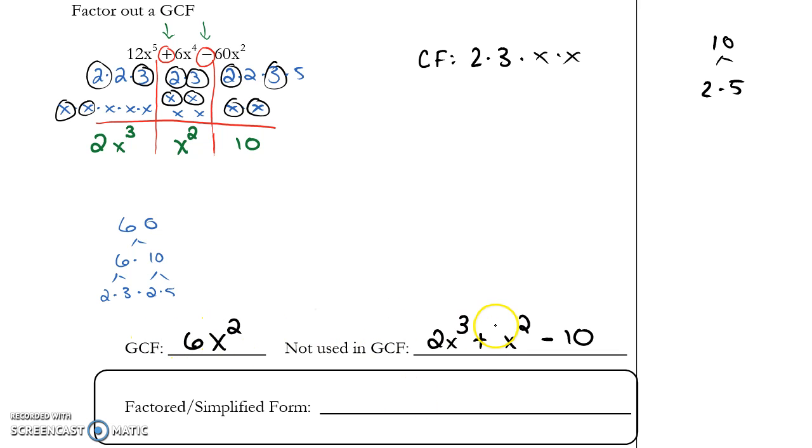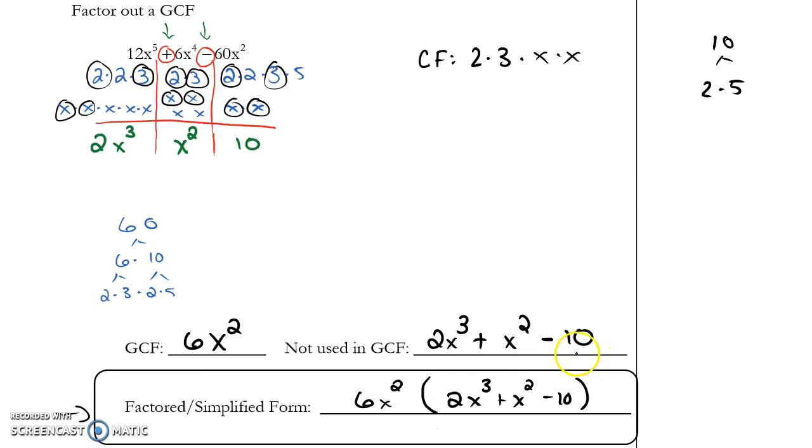Those are the key pieces of information. That's not my answer. My answer would be here, writing it in factored form. That takes your GCF and writes it first. Probably better to write it correct. Times, in parentheses, 2x to the third plus x squared minus 10.